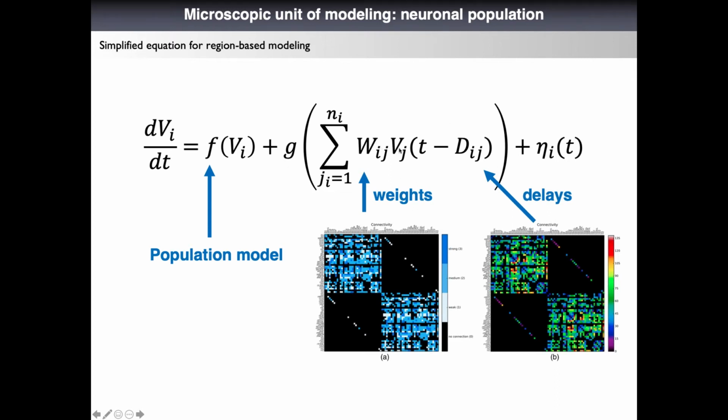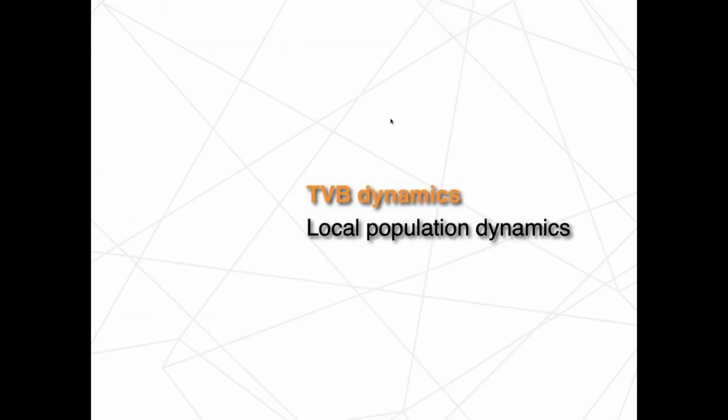Here there is no local coupling, obviously, and the global coupling has a very simple, linear function where inputs coming from other nodes are just weighted by the weights of the connectivity, and they arrive with a time delay based on the delay matrix. And finally, there is the noise term. So usually, in most cases, this is the way our model looks like.